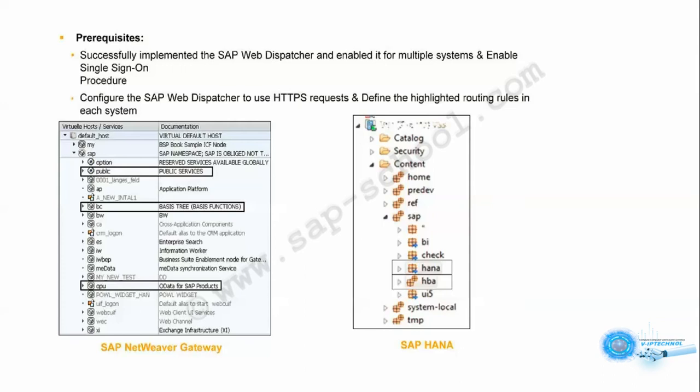These are the 3 routing rules in the SAP NetWeaver Gateway, which we can see on the screen. Similarly for SAP HANA, we have 2 routing rules which need to be defined, which are the HANA and the HBA.